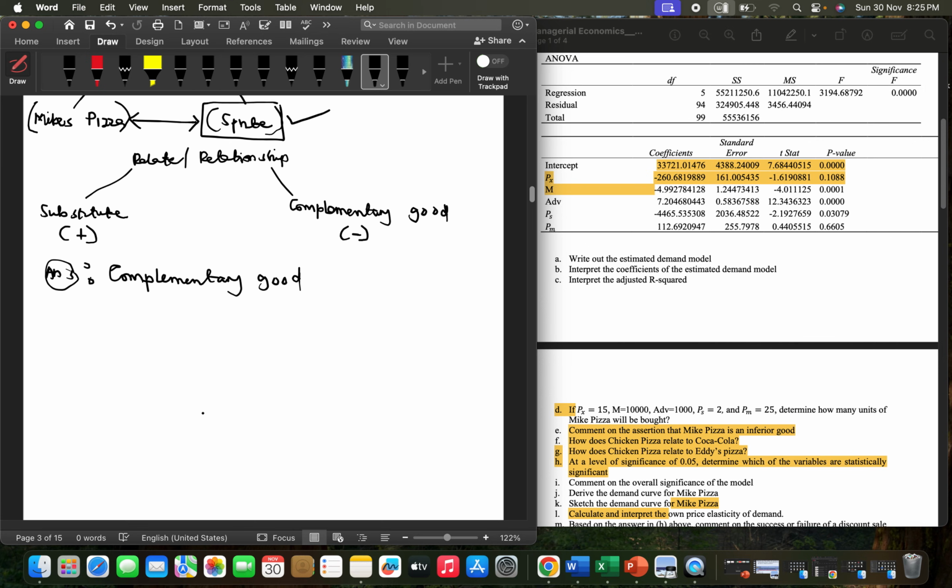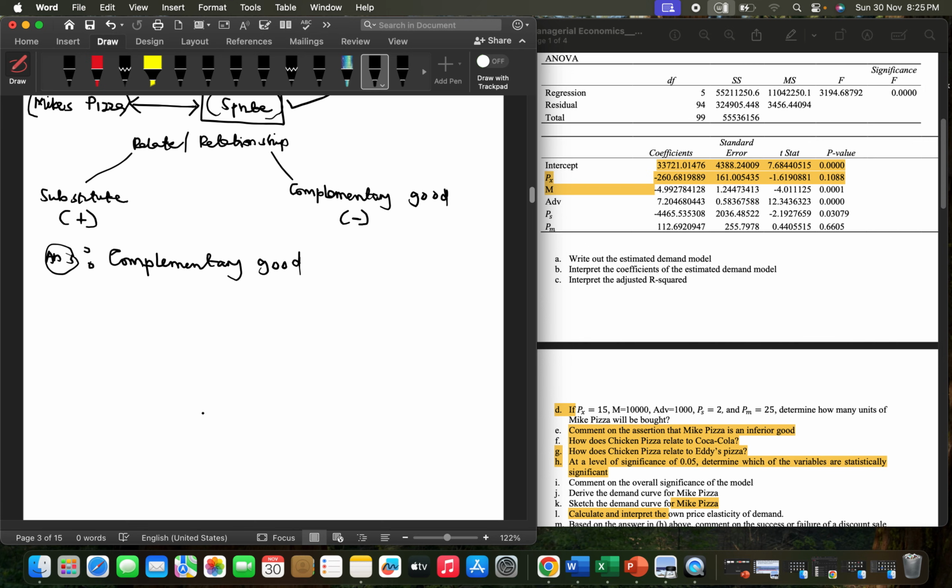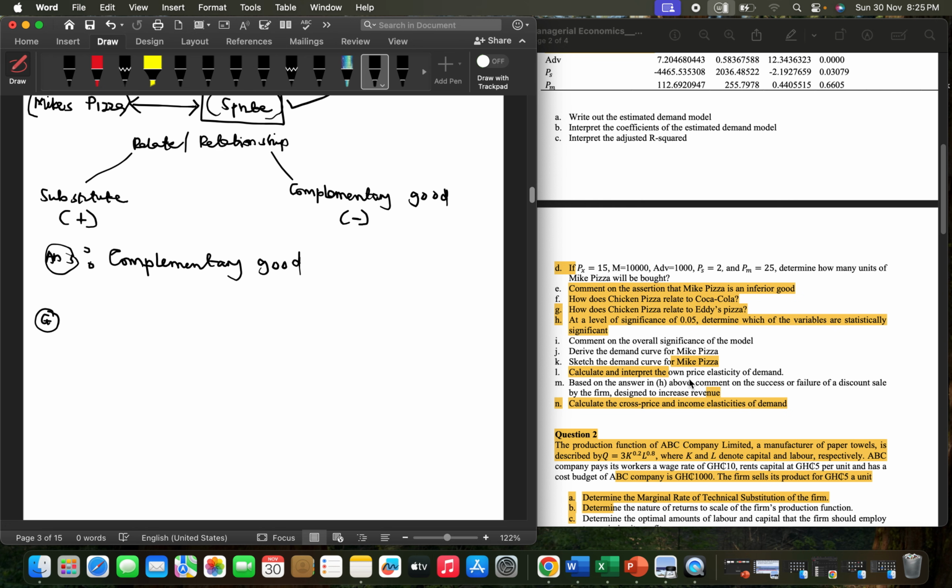So I'll move on to the gem part of the question. With the gem, the question asks how does chicken pizza relate to this pizza? So they made mention of chicken pizza and this pizza.